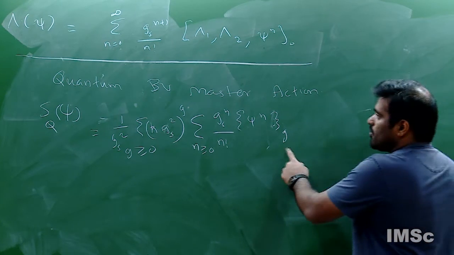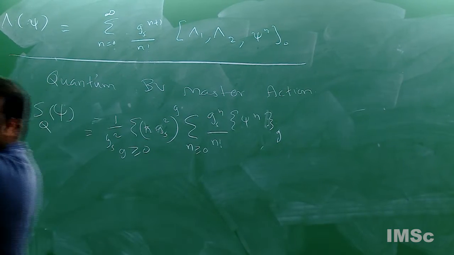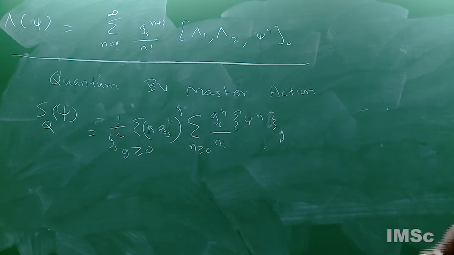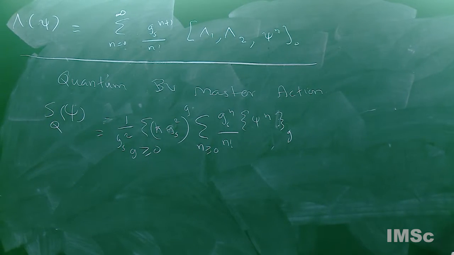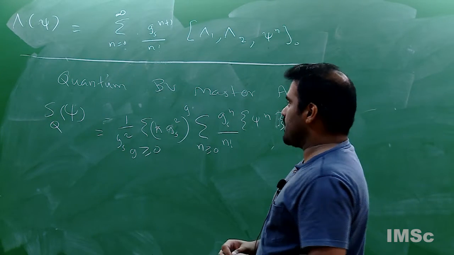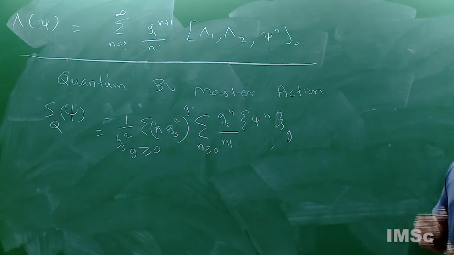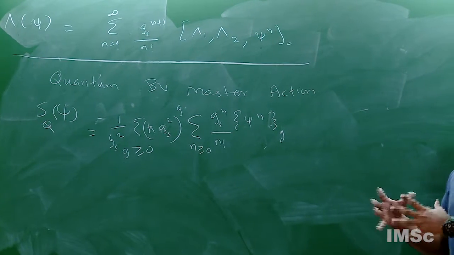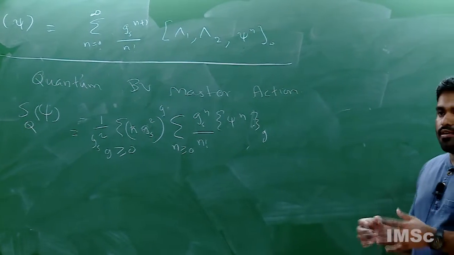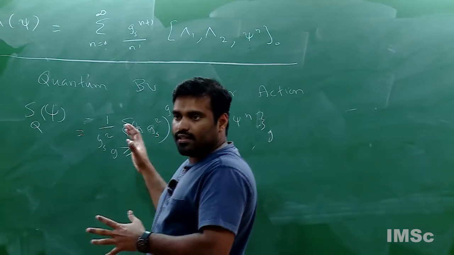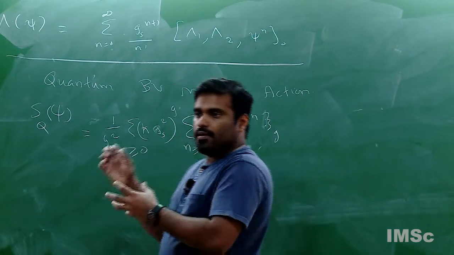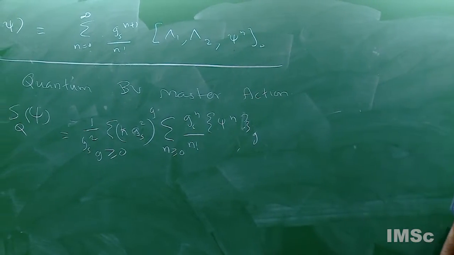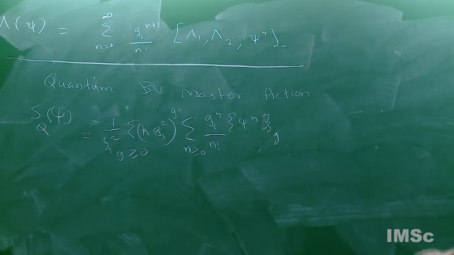So if I set g equal to 0, you go back to the classical action. Once you have the quantum action, you have to consider interactions that have loops in them. So that's slightly different from what you usually see in quantum field theory. In quantum field theory, you don't have fundamental interactions having loops in them. You are supposed to construct all the loops from your basic interactions. But here, you start seeing loops in the action itself.